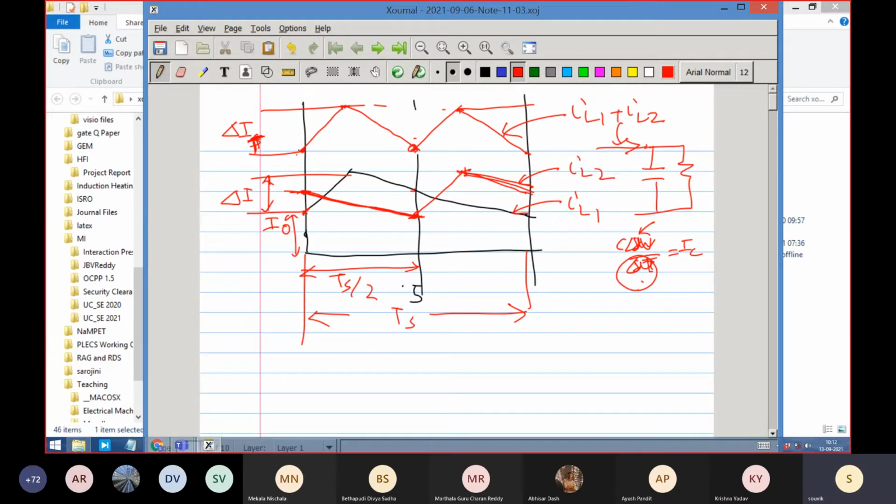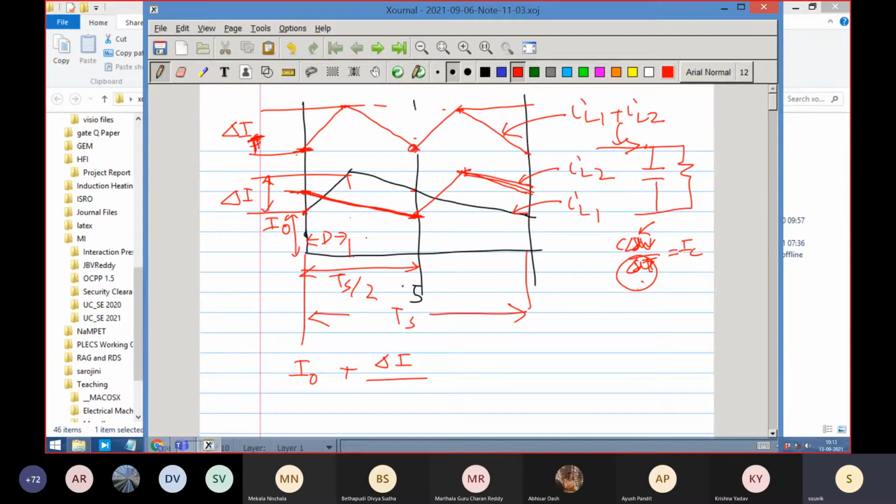What is the initial value at this point? Initial value is I naught, due to the first current, the black current, and then the next one is the red current, I naught extrapolated up to this point. The slope is there: if this is D, D means DTs, I'm not writing Ts, you understand that.